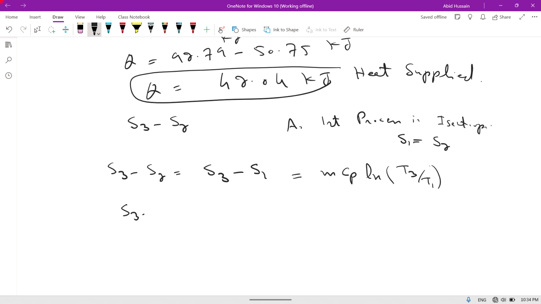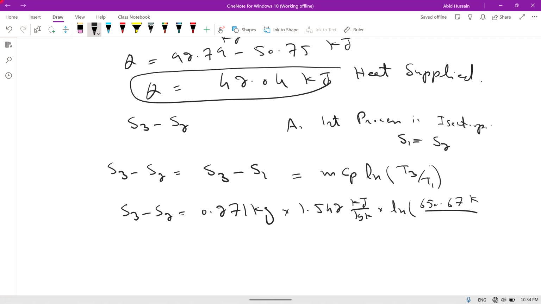So S3 minus S2 is equal to, the value of m is 0.271 kg, multiply by the value of Cp is 1.5442 kilojoule per kilogram per Kelvin, multiply by natural log of the value of T3 is 650.67 Kelvin divided by 533. T1 is equal to 533 Kelvin.